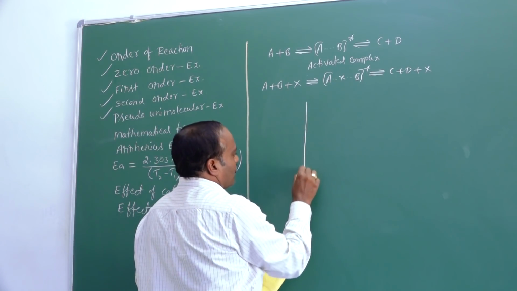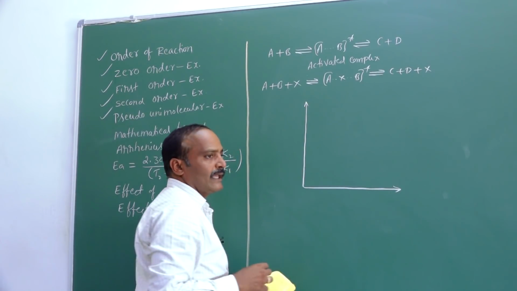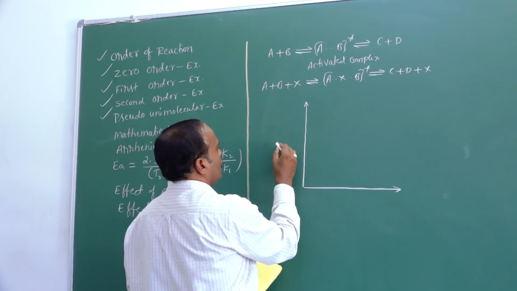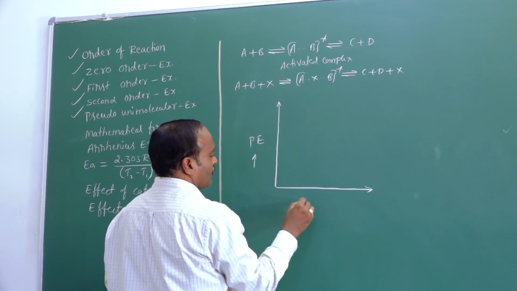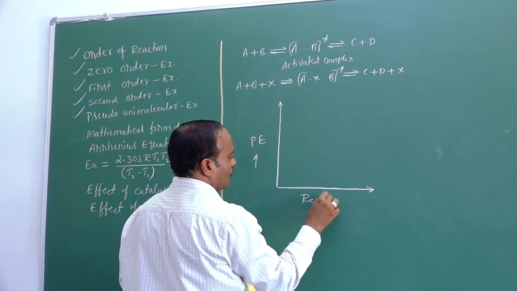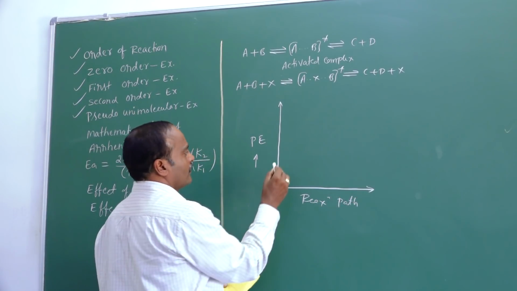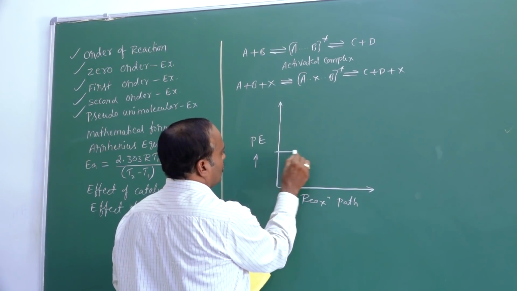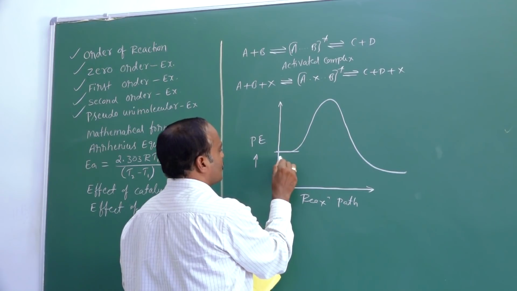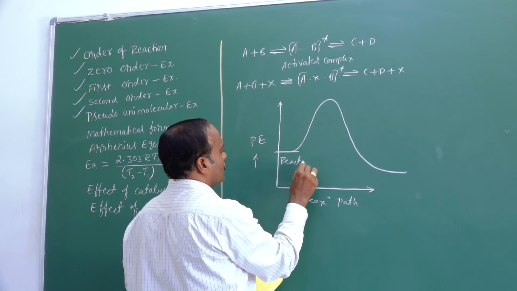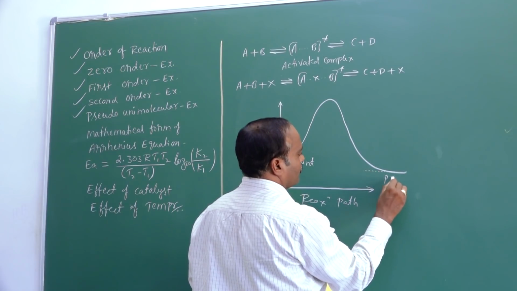It is represented by a simple diagram. The axes are potential energy and reaction path. This is called the reactant, and this is the product.